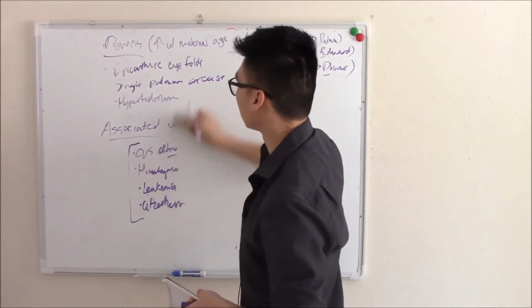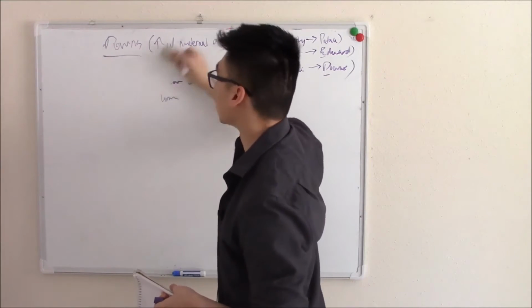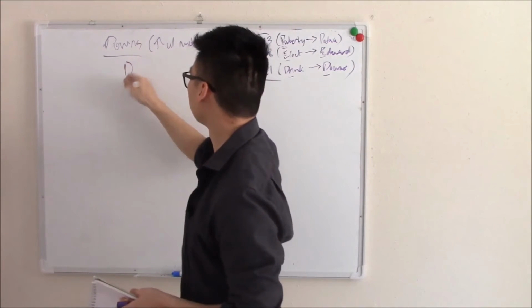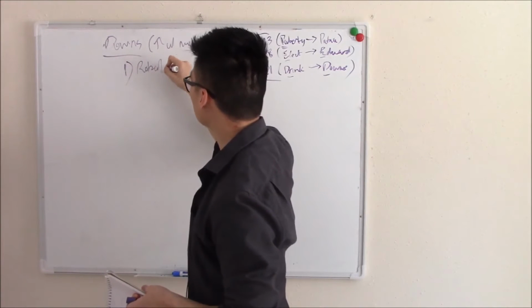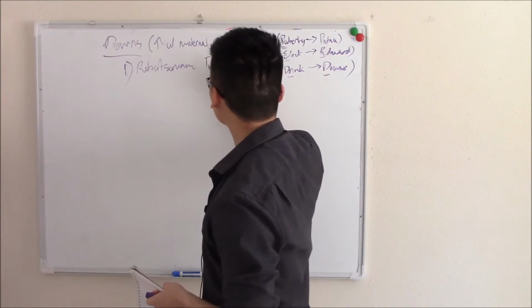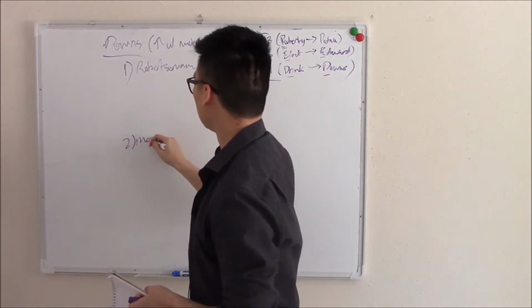Can you have Down syndrome with a normal amount of chromosomes? Yes, you can. And there are two ways we can do that. One is via Robertsonian translocation, and the other is via mosaicism.